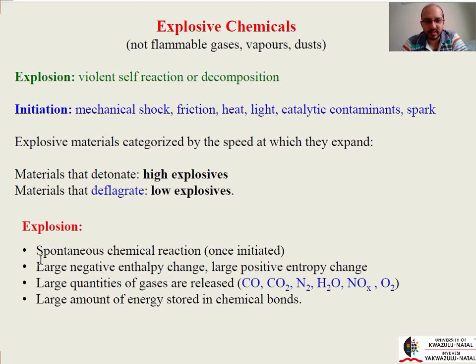Okay, explosions are essentially, once it's initiated, you get quite a spontaneous chemical reaction, large negative enthalpy change, and large positive entropy change. It, of course, creates a lot of chaos, a lot of disorder. And large quantities of gases are released, and a large amount of energy that was originally stored in chemical bonds is released.